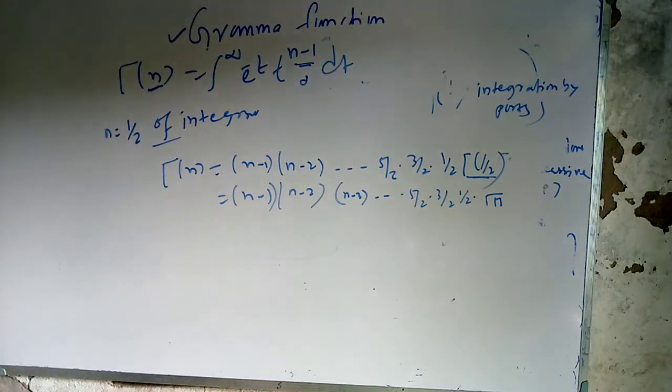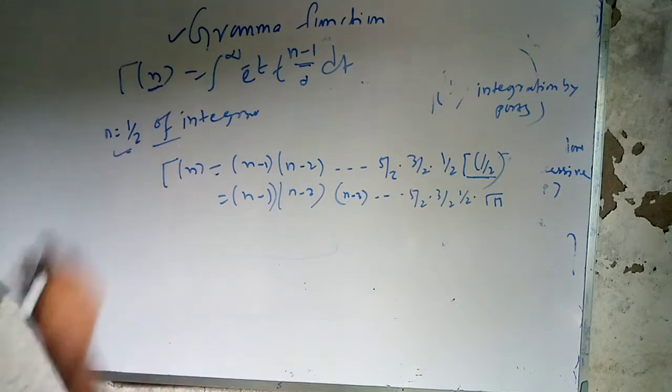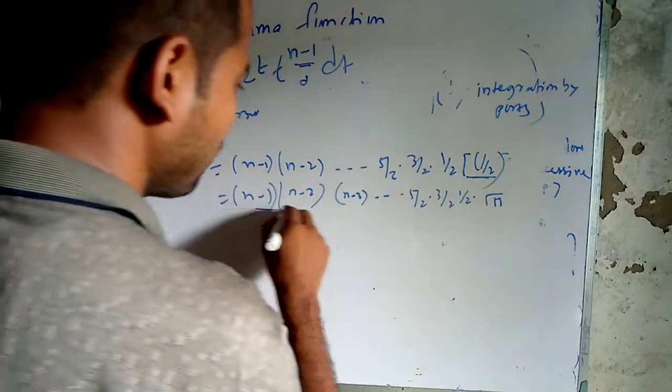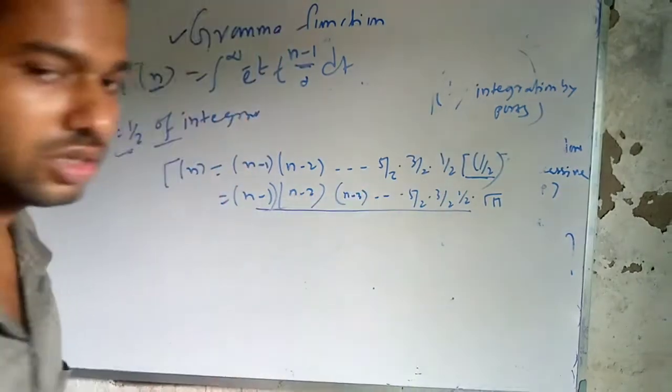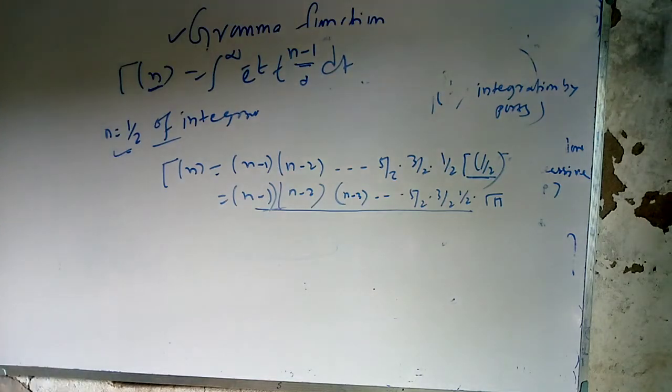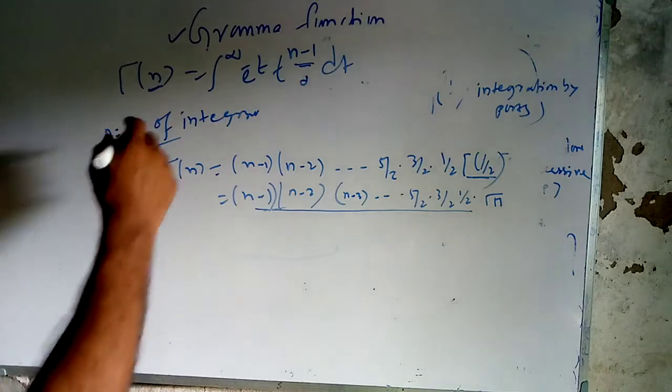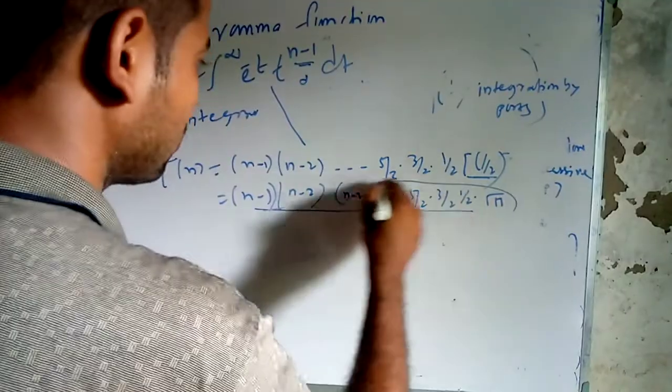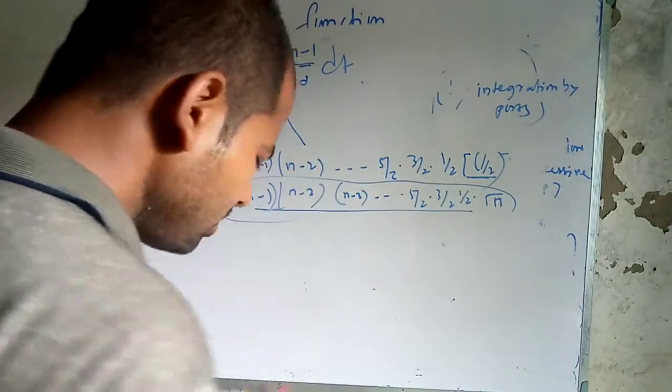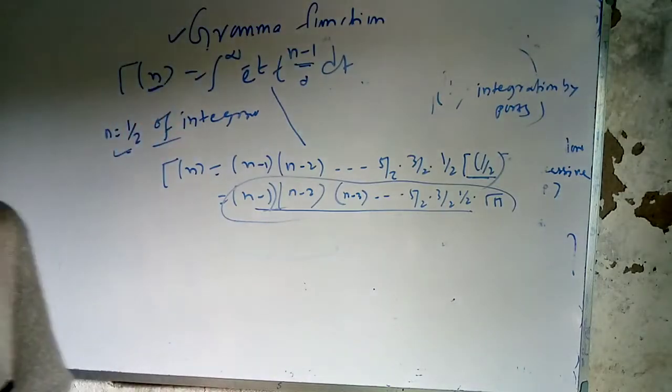In an exam you may want to know, if n equals half of an integer, what the value is in terms of the gamma function. This is the exact form of the gamma function.